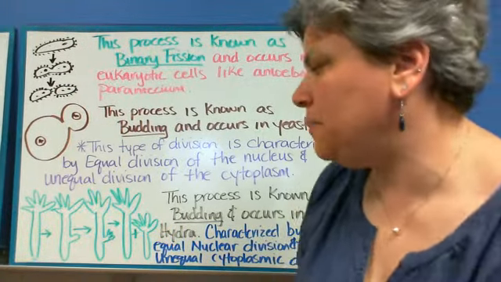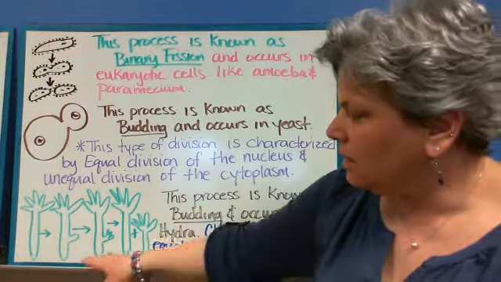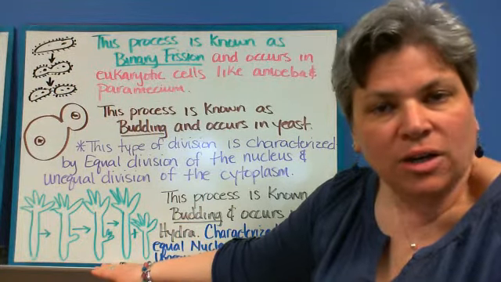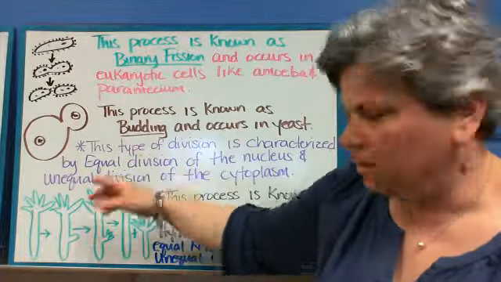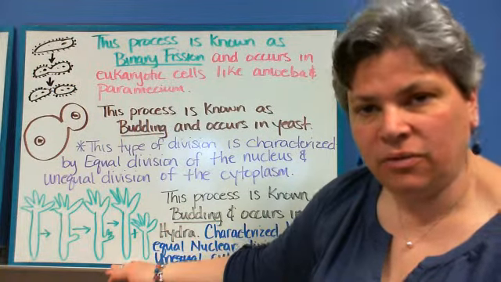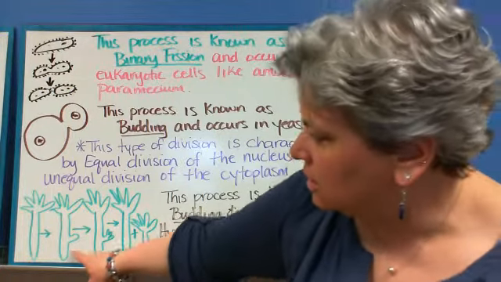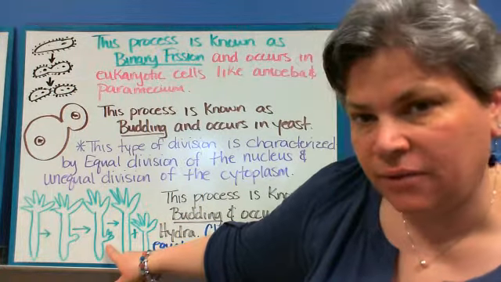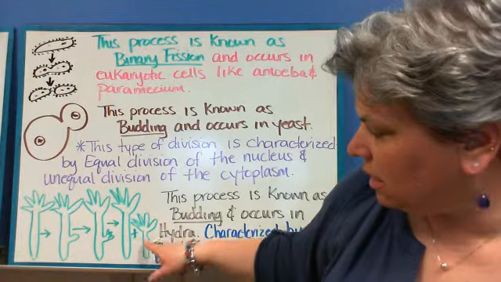And so another example of an organism that undergoes budding is called a hydra. Again, these guys live in our local fresh pond water, but they're a little more complex. Yeast are unicellular. Hydra are made up of many cells, not quite to our complexity. But you can see here the little guys budding off of it, and when we're all done, I have my original, and then I have the bud.